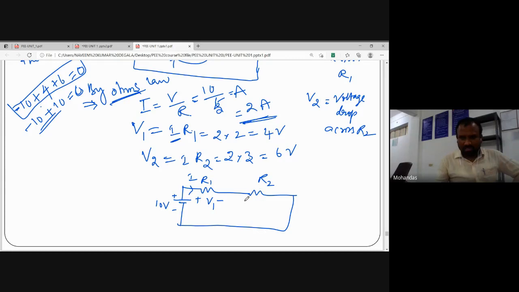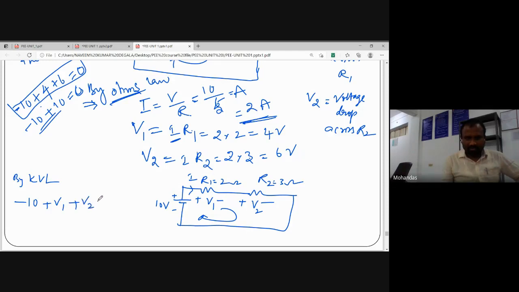Here the unknown voltage is V2, plus and minus. We know the R1 value is 2 ohms and the R2 value is 3 ohms. Now write the KVL here. By Kirchhoff's voltage law, minus 10 plus V1 plus V2 is equal to 0. Okay?